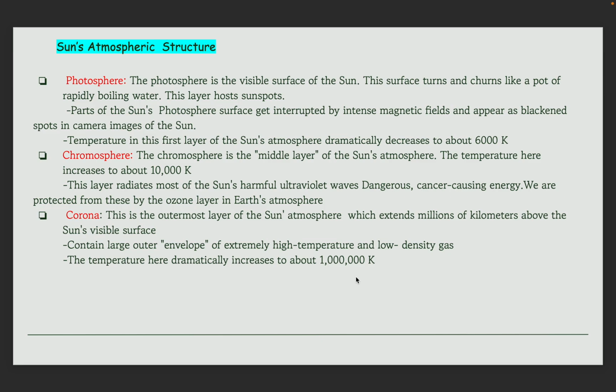In the corona, the temperature is about 10 to the power 6 Kelvin. There is a huge rise of temperature between the chromosphere and the corona: from 10 to the power 4 to 10 to the power 6, about 100 times of temperature increase.